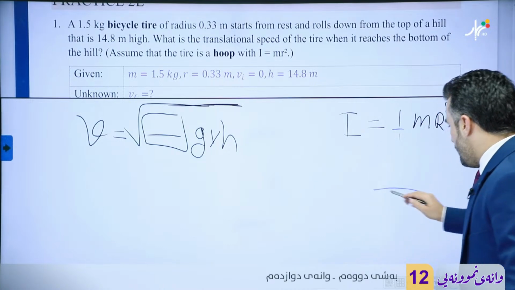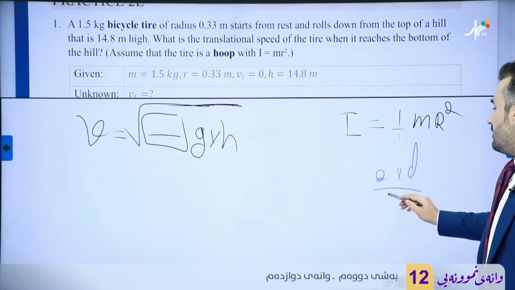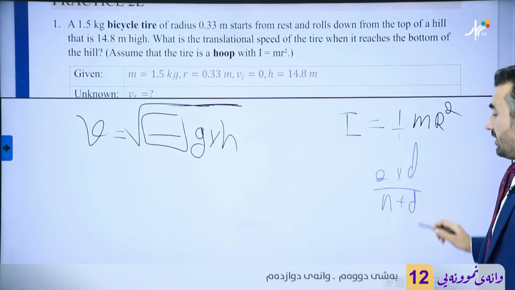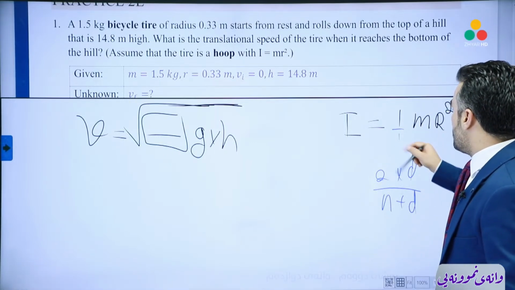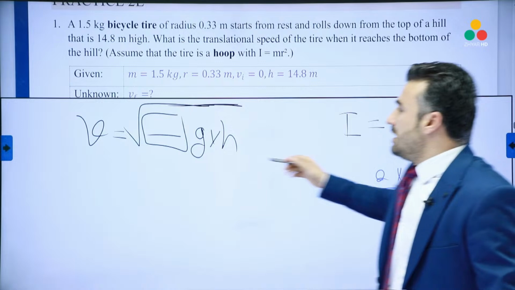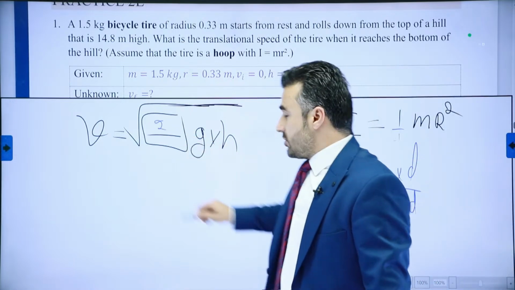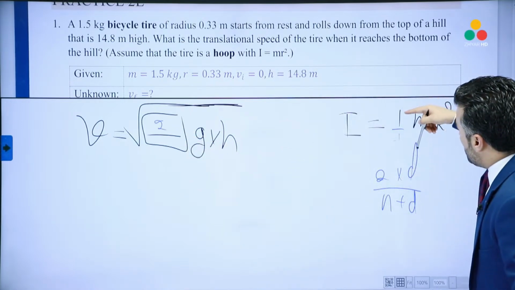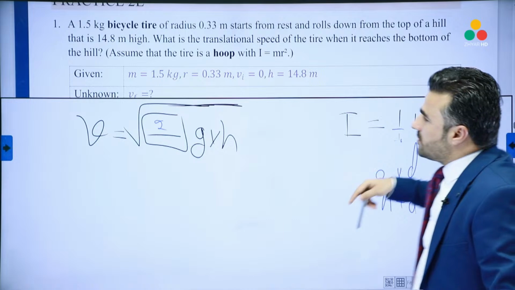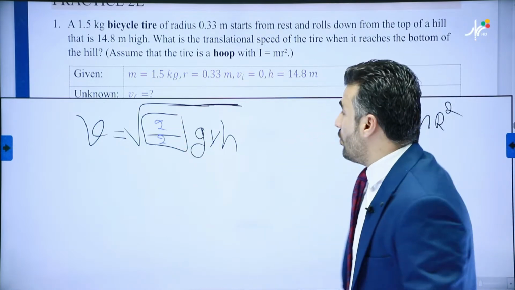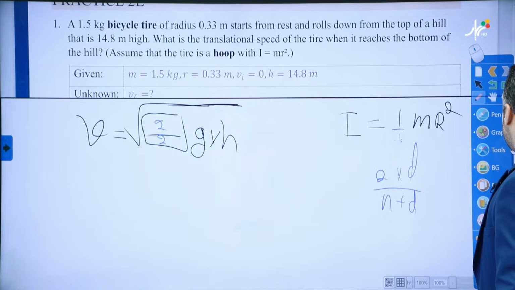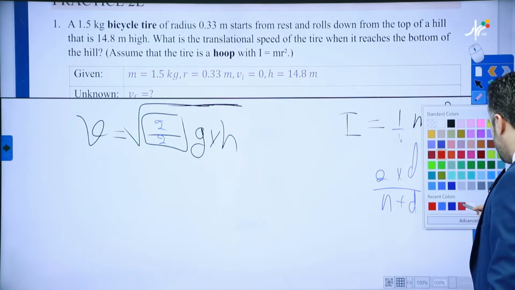We said for the equation, 2 times denominator, over numerator plus denominator, okay? So we can say 2 times the denominator, and the denominator is 1, so 2 times 1, that is 2, right? Numerator, that is 1, plus denominator, that is also 1, so we get a total of 2. 2 divided by 2, that is 1 here. So we can cancel out this 2 together.